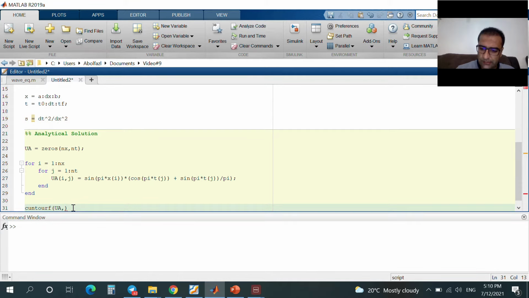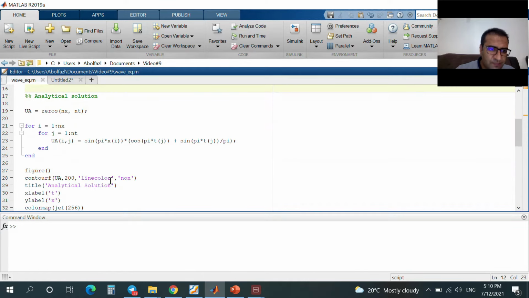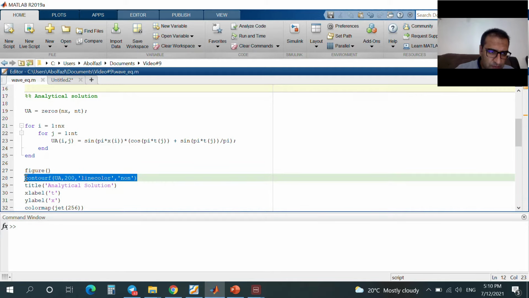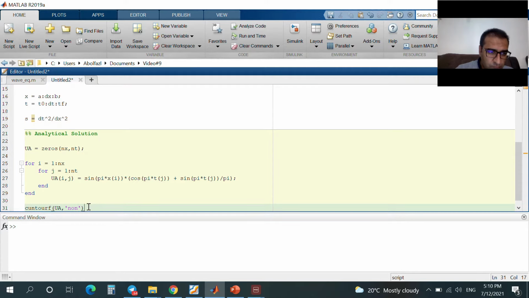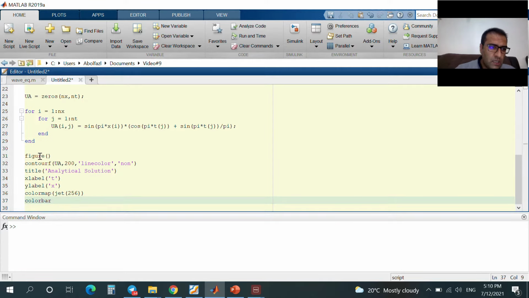About the color of the line, it should be line color none. Let me check, I forgot these commands. Okay, let me copy it from here. Let me copy all. Here is the figure, Control C, Control V. Here we define figure 1, and using the command contourf we plot the analytical solution.